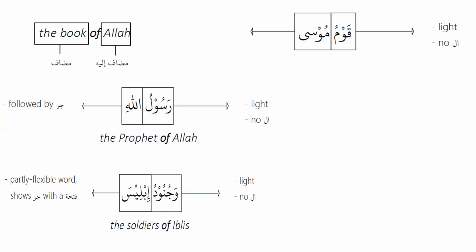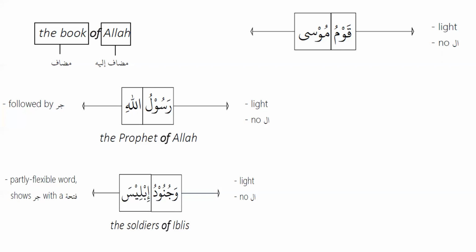But not necessarily that every time the mudaf ilay has to be proper. It could be common also. At that time, the whole thing is common. That's fine. So not every time will you have a name or a proper thing as a mudaf ilay. And also remember one thing. There are 3 conditions. Mudaf, the first word, has to be light, no alif lam. For the second word there is only one condition, jar.